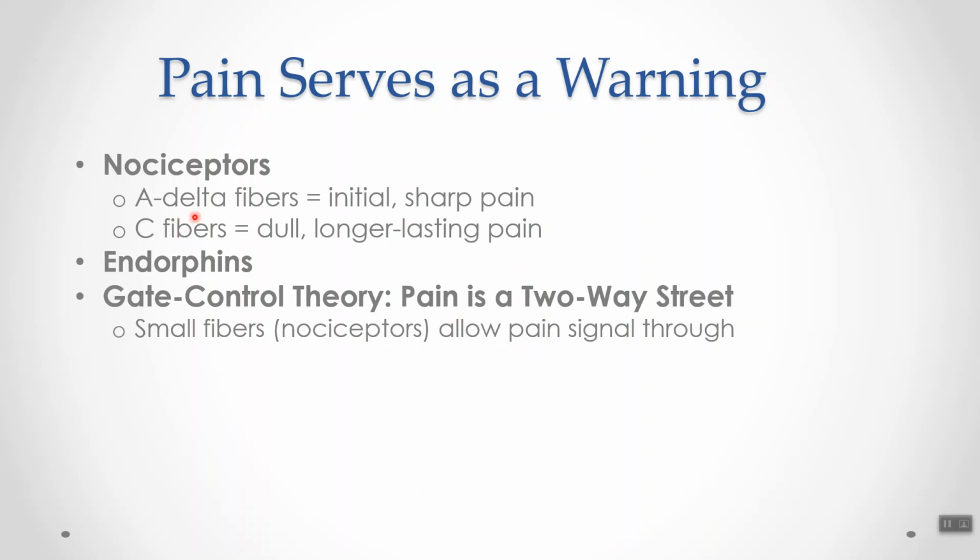So there might be some small fibers that allow this initial sharp pain in. And so these signals, through the small fibers, encounter gates in the spinal cord. These gates will determine whether or not the signal is going to get transmitted. So some of them can get through, right?